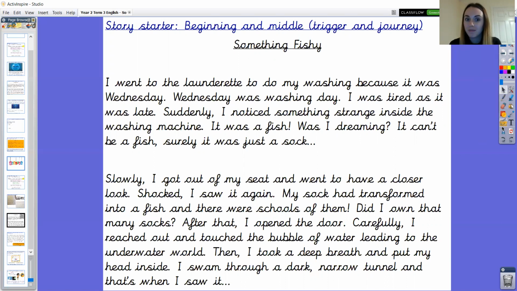Something fishy. I went to the laundrette to do my washing because it was Wednesday. Wednesday was washing day. I was tired as it was late. Suddenly, I noticed something strange inside the washing machine. It was a fish. Was I dreaming? It can't be a fish.